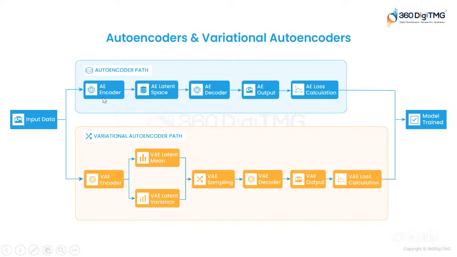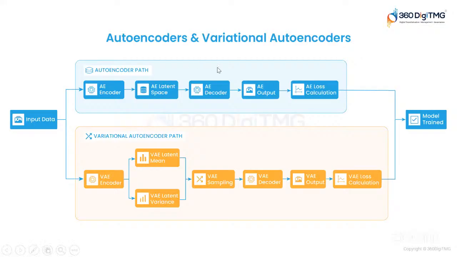In this network, the compression of the inputs will happen. It will make the pixels into a compact representation, which is also called the latent space. This is where the data is represented in a reduced or compressed format.